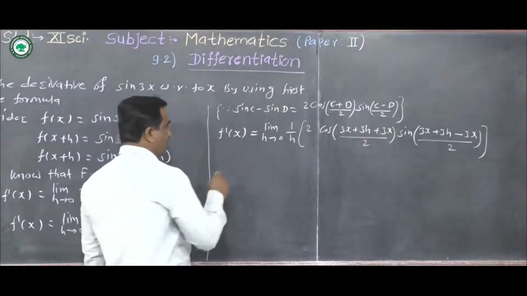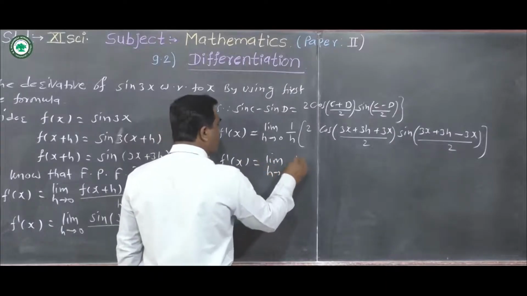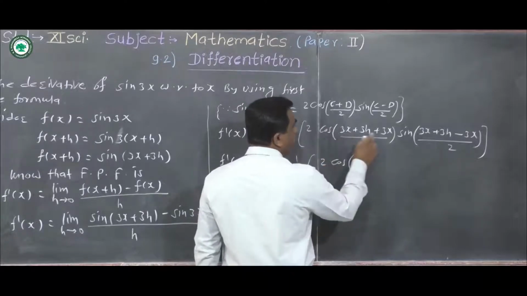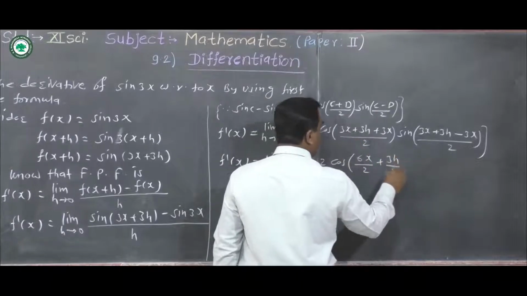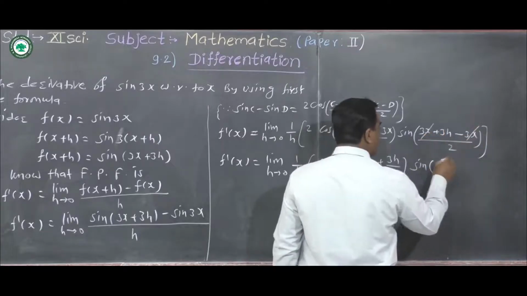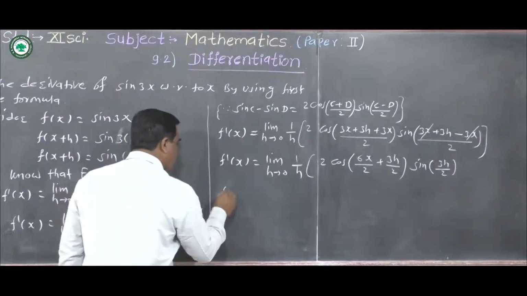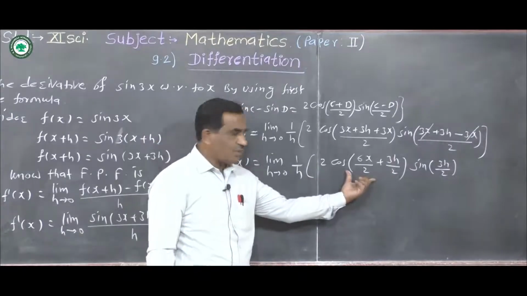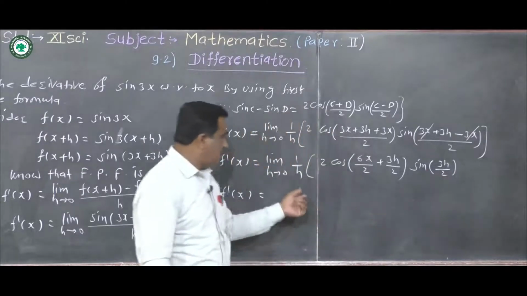Okay, now simplifying this we can write f dash of x is equal to limit h tends to 0, 1 upon h as it is, 2 into cos of 3x plus 3x, 6x upon 2 plus 3h upon 2 into sin of, here plus 3x minus 3x cancel, 3h upon 2. Okay, that is f dash of x is equal to, we can take separate limit for this term cos and this term sin, and we can divide this sin of 3h upon 2 by h.